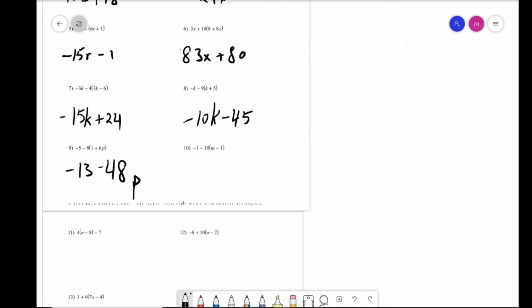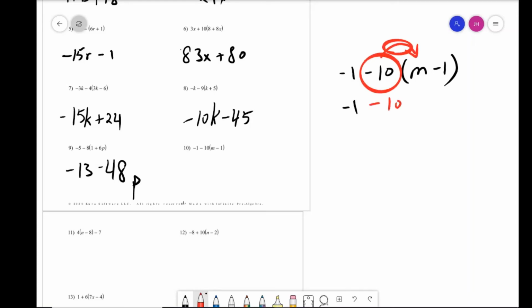Number 10, that is negative 1 minus 10 parentheses m minus 1. And so this will be negative 1. Then take the negative 10, distribute to m, so that is a minus 10m. And then negative 10 times negative 1, that is a plus 10. Now I'll combine the constant terms.